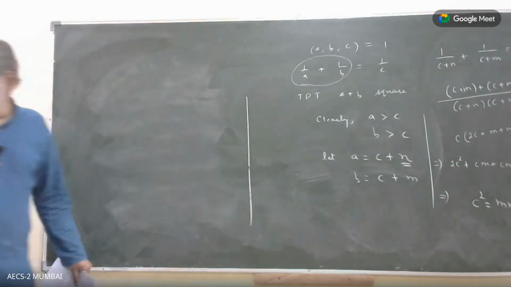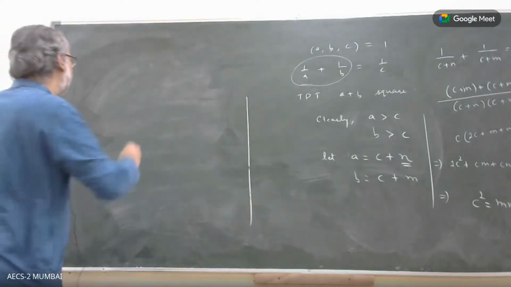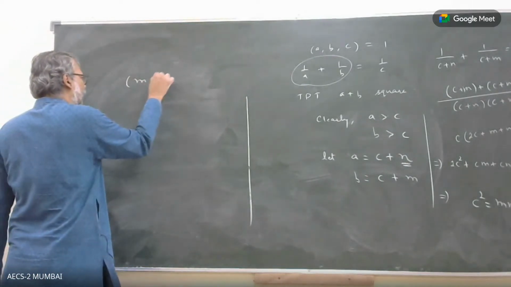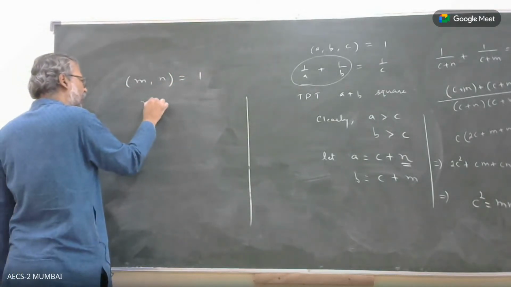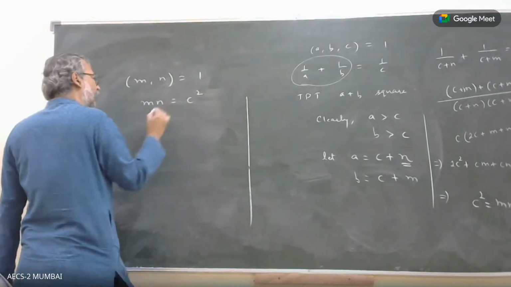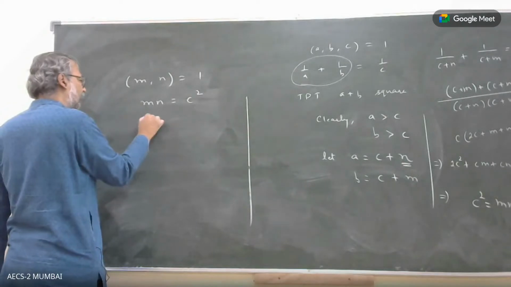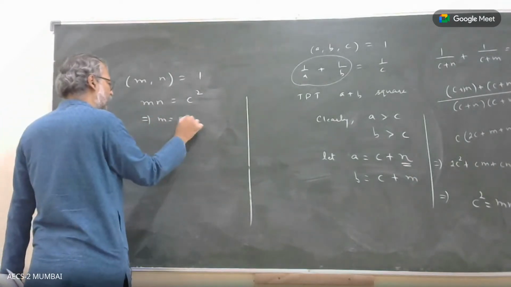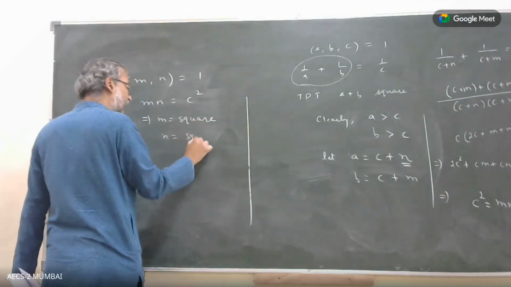Again, this is a standard number theory technique. If the GCD of two numbers is 1, that is, they are co-prime, and their product is a square, then individually this is a square as well as this is a square. So m is a square as well as n is a square. And there is nothing special about square.